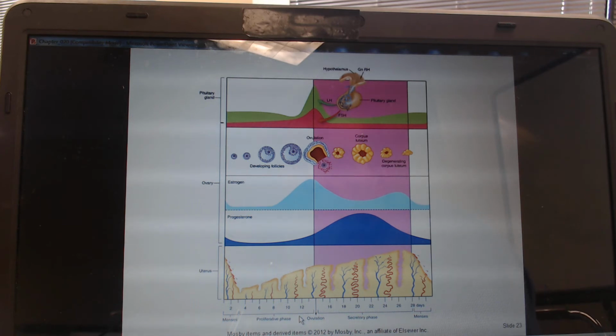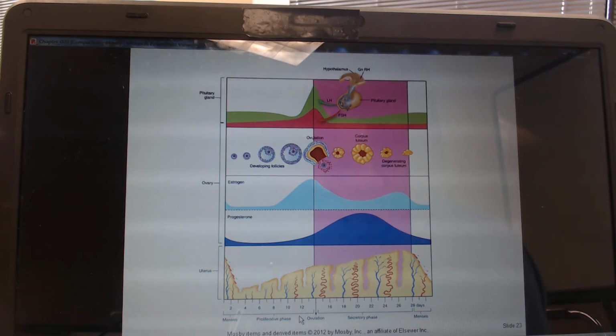This is a hormone chart, and females have a tremendous fluctuation of hormones throughout their menstrual cycle. And here we can see hormone output from the pituitary gland, the ovaries, and we can also see the effect they have on the uterus itself.